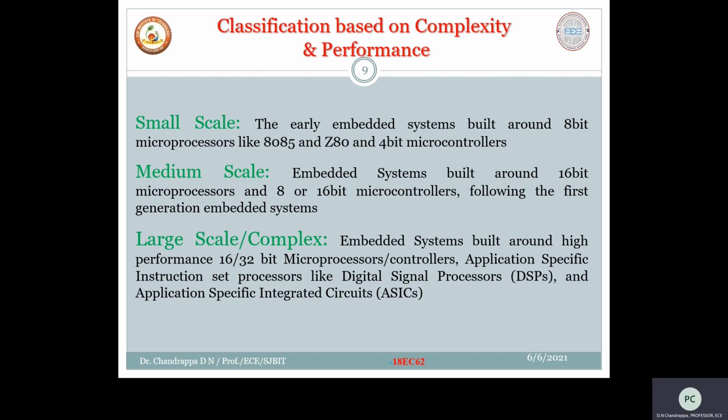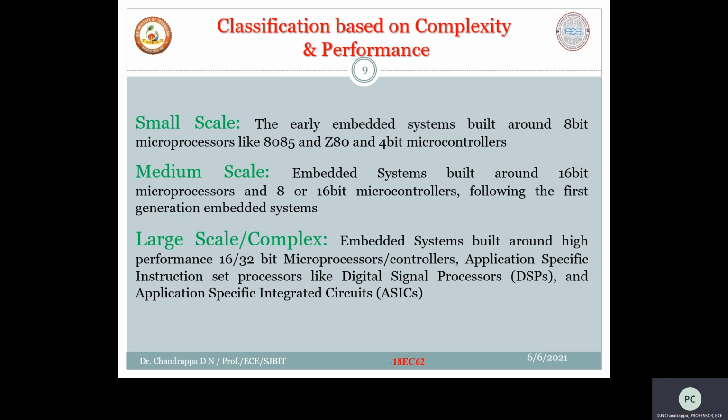The first level is small scale, medium scale, and large scale. What about small scale? Small scale is nothing but the early embedded system built around 8-bit microprocessors like the 8085 and Zilog Z80, and 4-bit microcontrollers. That comes in the small scale.